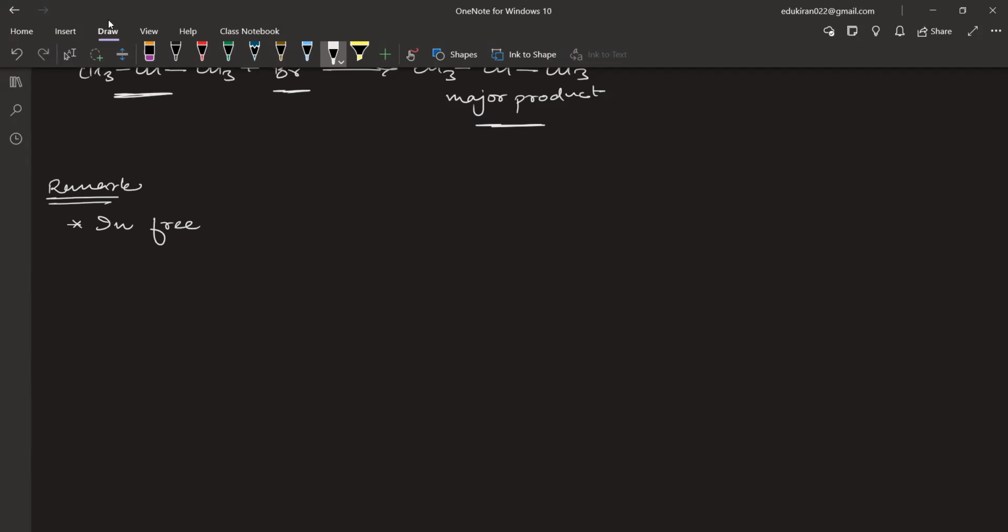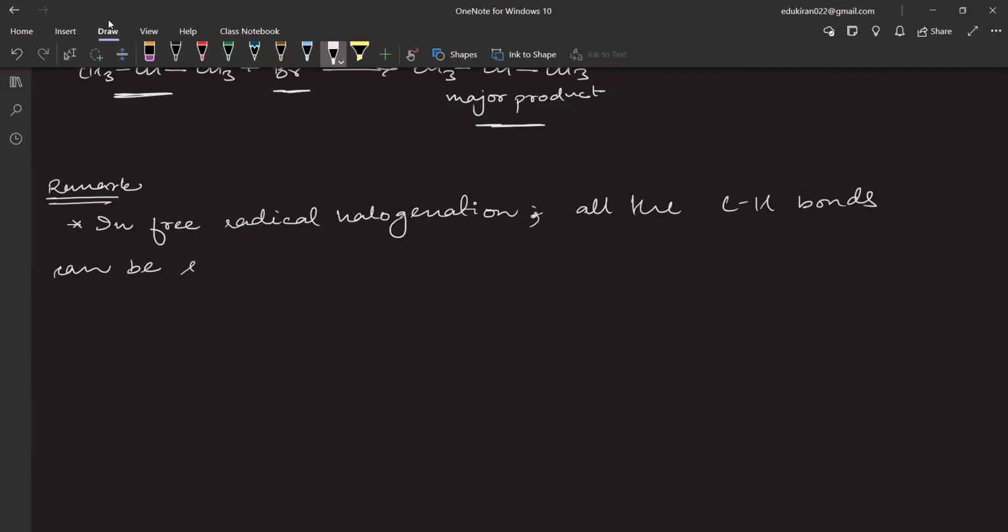In free radical halogenation, all the CH bonds can be replaced by CX bonds. Okay, all of them can be replaced.